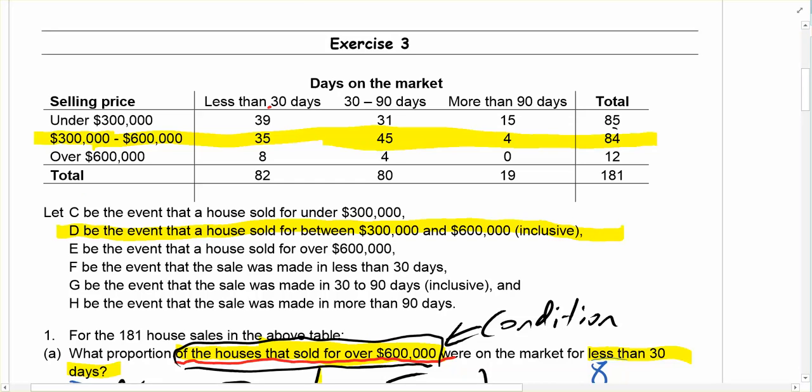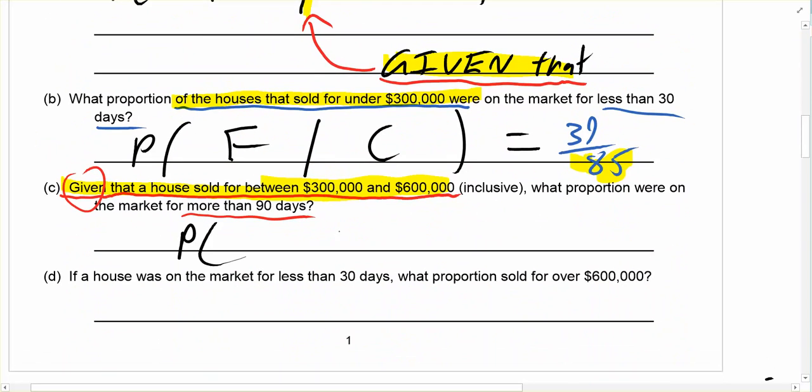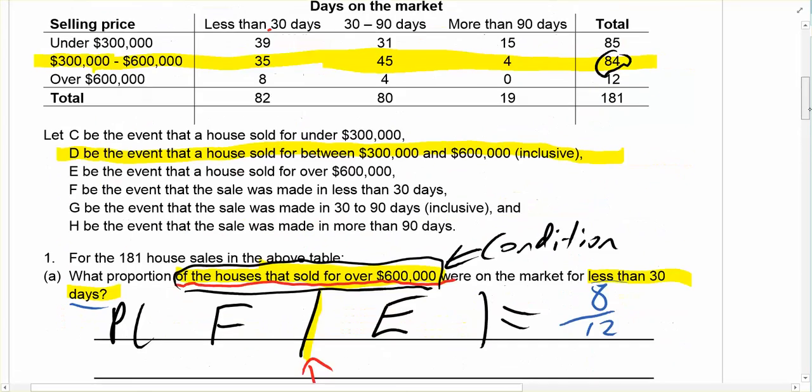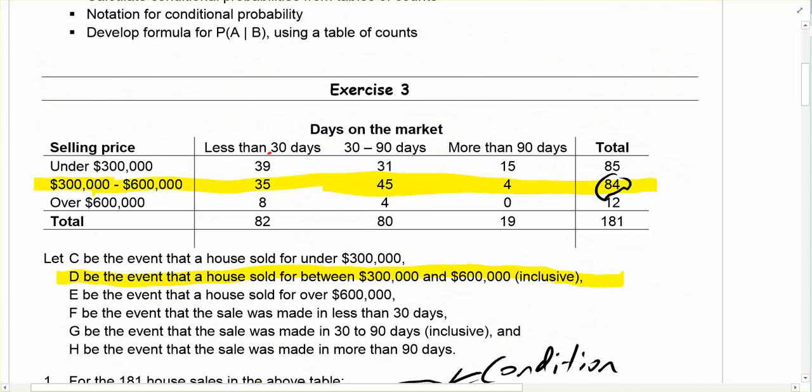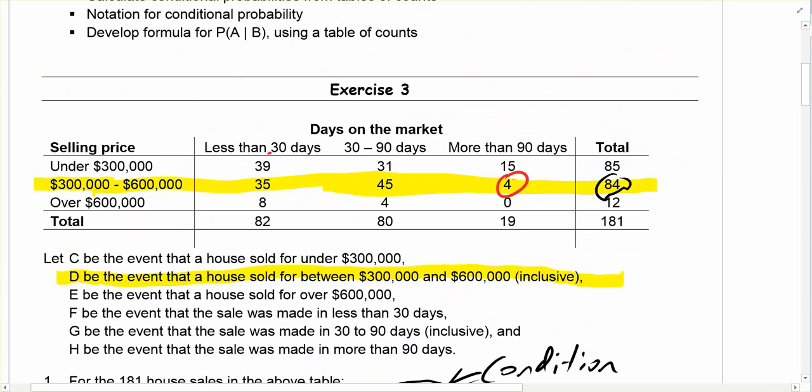So out of 84. So the probability given D is out of 84. Okay, what proportion were on the market for more than 90 days? So how many of those 84 houses were on the market for more than 90 days? And the answer is 4.